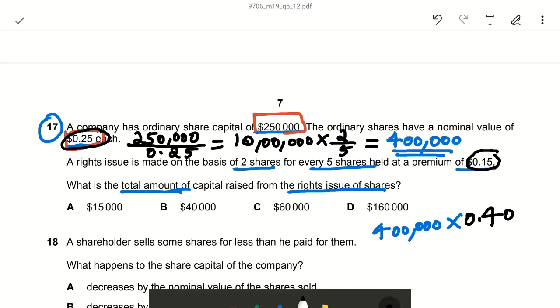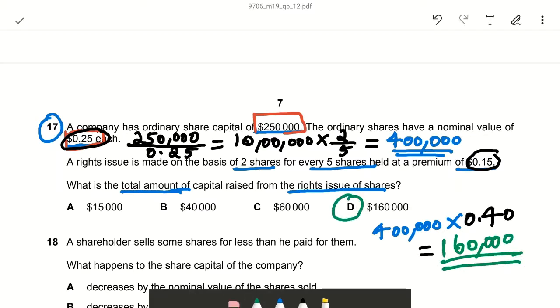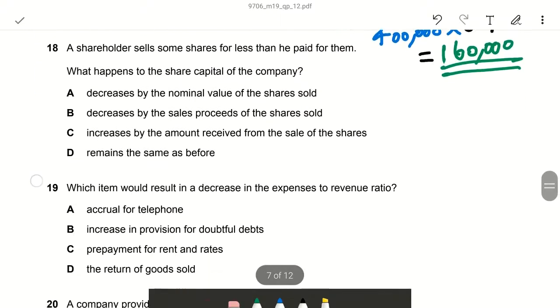The rights issue is at a premium. So what is the total amount of capital? The amount of capital is 160,000. So the correct answer is D. Next question.